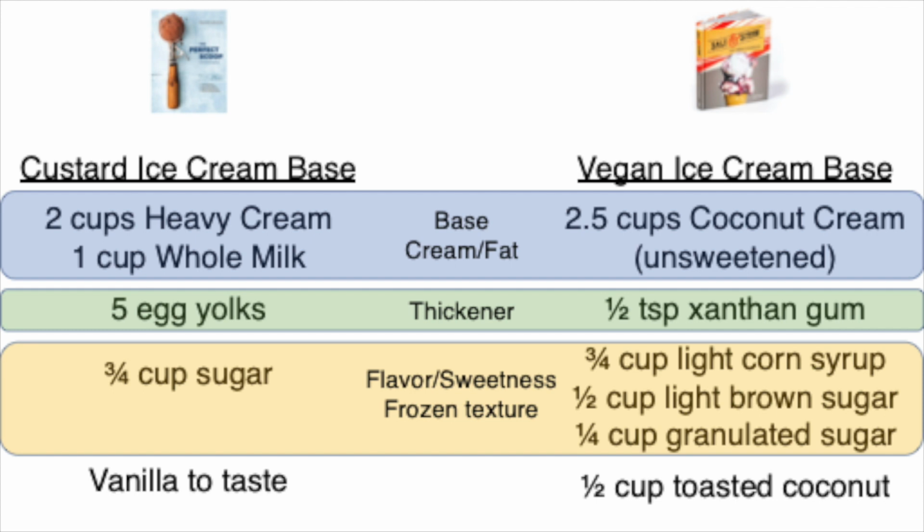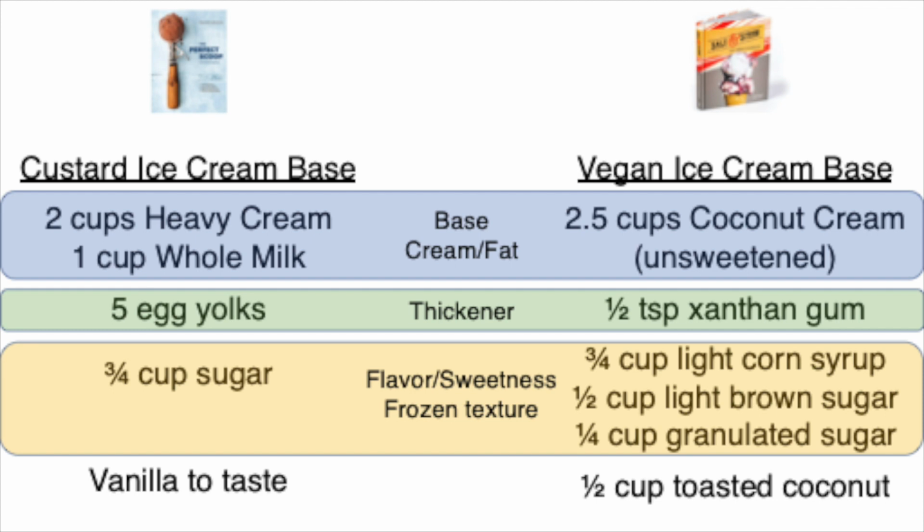Okay. Next, we're going to look at the sweetness and some of the flavor that we're getting. In the recipe on the left, we're just using 3/4 cup of granulated sugar for our sweetener. On the right, with the vegan ice cream, we're using a couple different kinds of sweeteners. We've got some brown sugar, some corn syrup, and some granulated sugar as well.